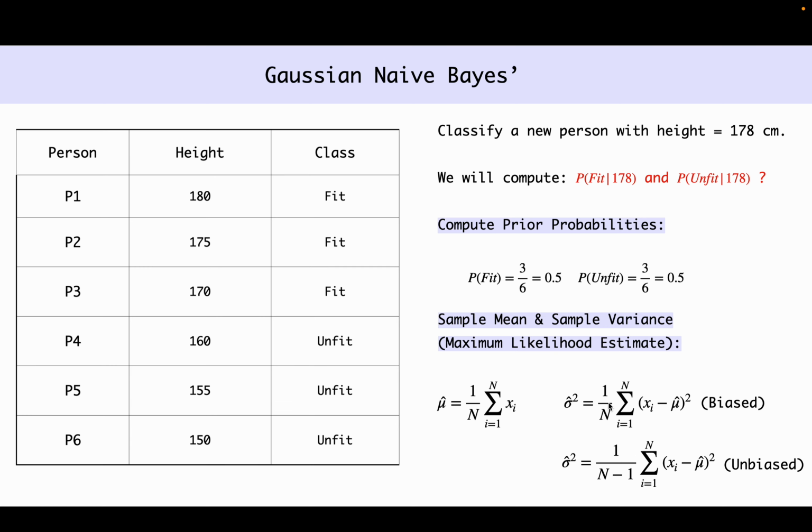But when n is large, they become more or less the same. Python packages like sklearn use 1 by n, but for large values of n it does not matter. We are going to use this mean estimate and the variance estimate to find the Gaussian distribution and thereby compute the likelihood values.